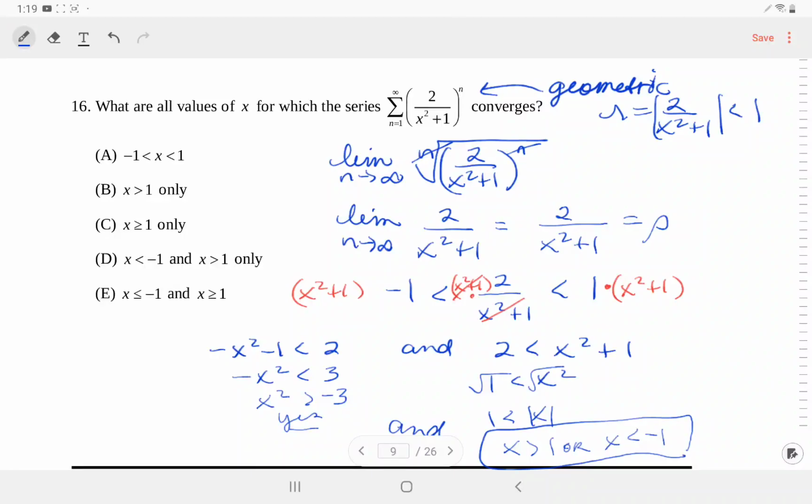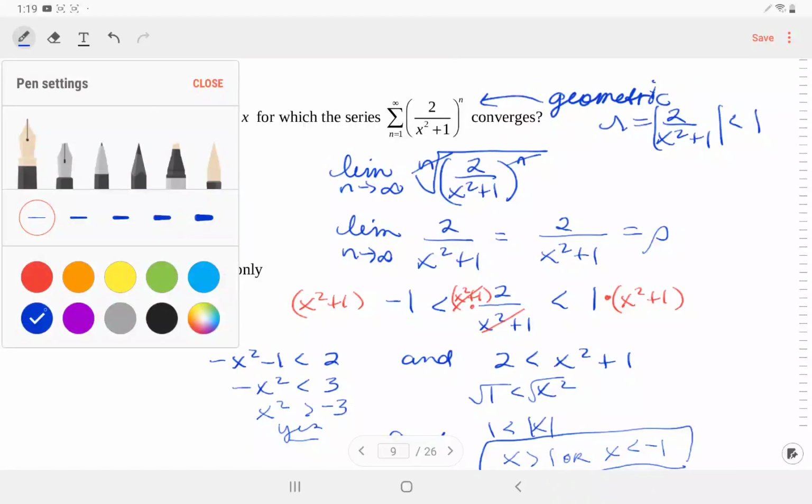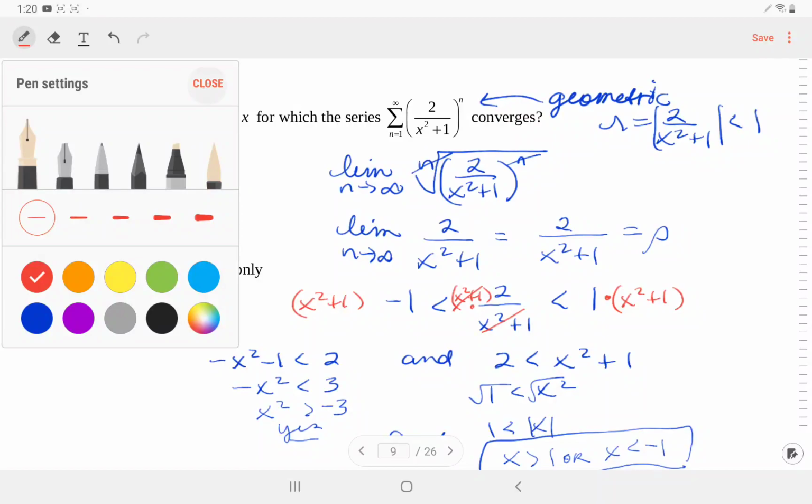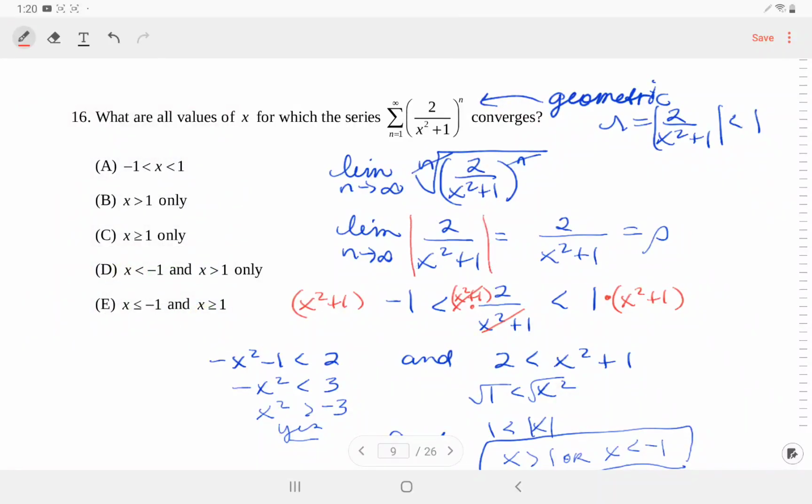But that does allow me to flip it. So if you don't like the way I solve the inequality, we could actually come back and throw an absolute value over here. But instead of doing what I did here, we could go like this. Flip it. Now remember, when we flipped, it changes the direction of the inequality sign.